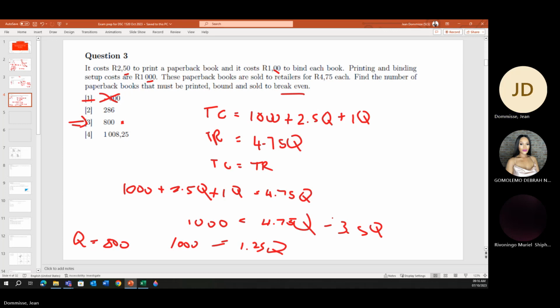Okay, so that was the way to answer this one. We need to remember: what happens at break even? At break even, total cost is equal to total revenue. So we put the total cost function and the total revenue together, and then we solve for Q.